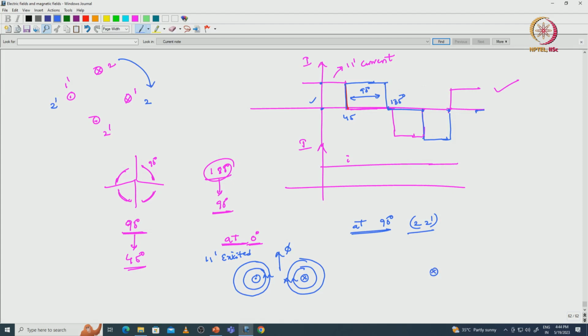Then again it will result in the same magnetic field, upward direction only. Okay. It is the same as the earlier version, but currents and conductors are changed. In the 2 dash conductor we are giving current, and in the 1 dash coil we are not giving any current. At 45 degrees. Sorry, this is 45 degrees.